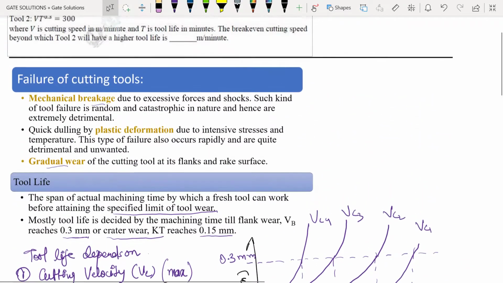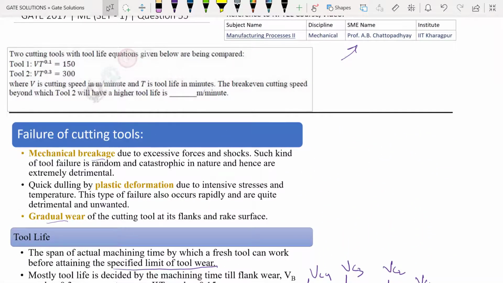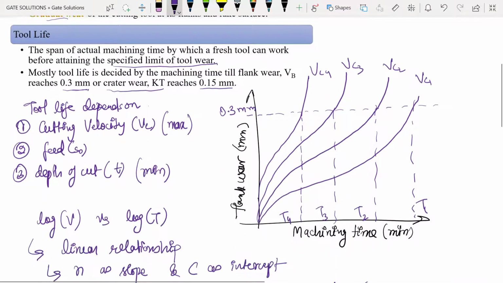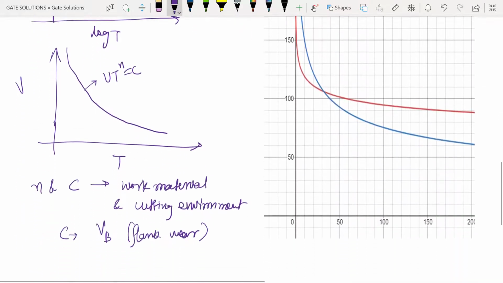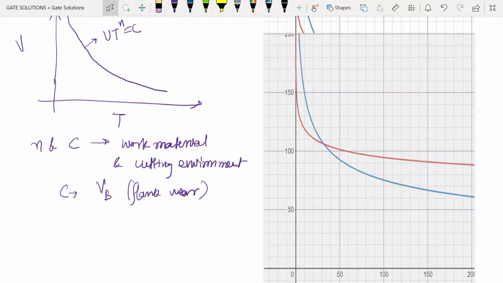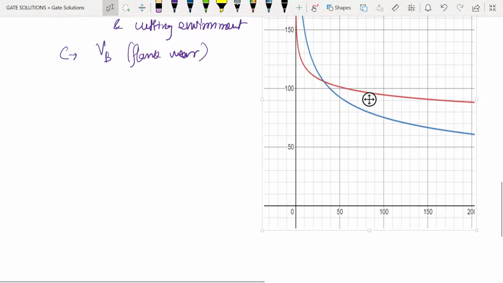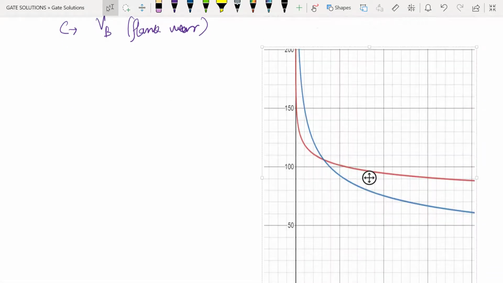We have been given the tool life equation for the two tools, that is tool 1 and tool 2. We have to find the break-even cutting speed beyond which tool 2 will have a higher tool life. Therefore, this is the plot for the two equations.